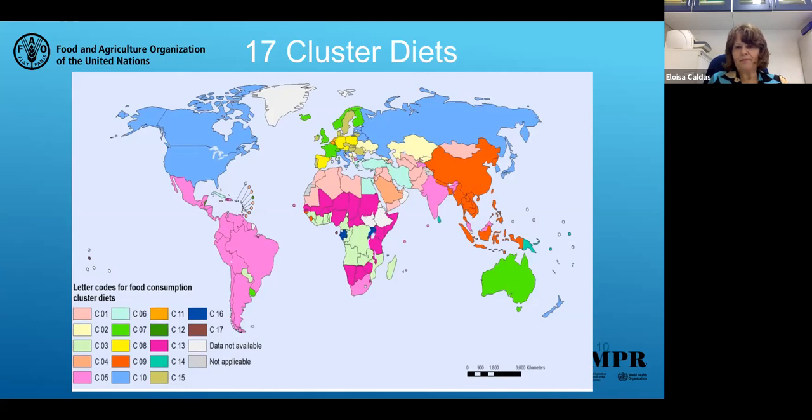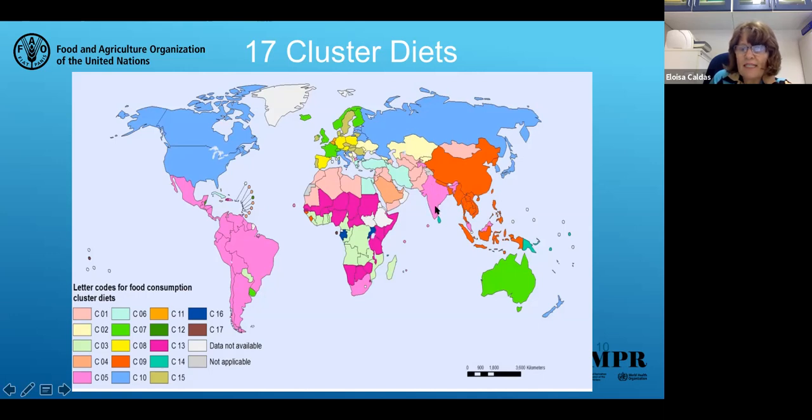In the past, African countries had very few clusters. In the beginning, there was only one regional African diet, but now you see that Africa has at least 8 different diets. And here you see India, China, Japan, which is pretty much like China, Indonesia, those Asian countries.